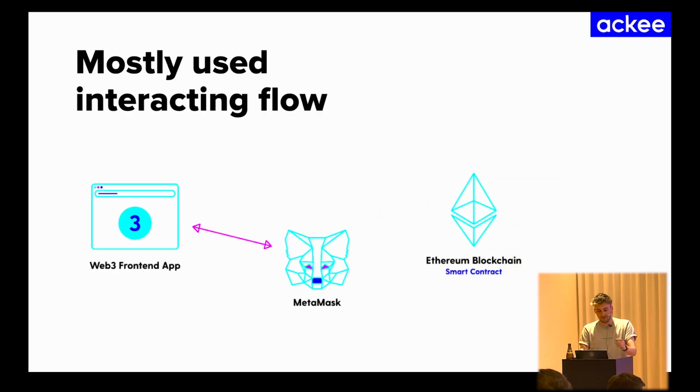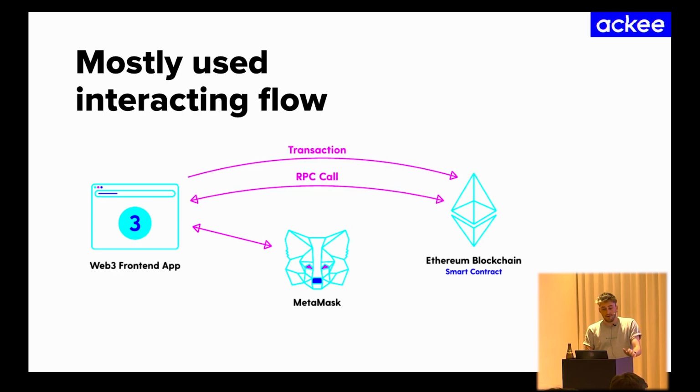From the diagram perspective, we have the front-end app, there is a crypto wallet, and we have to somehow interact with the Ethereum blockchain or another blockchain. There are two types of calls. There is the RPC call, which can be understood like the ordinary GET method we are used to in Web2: we want some data, and we get some data.